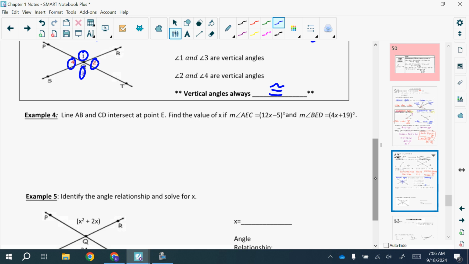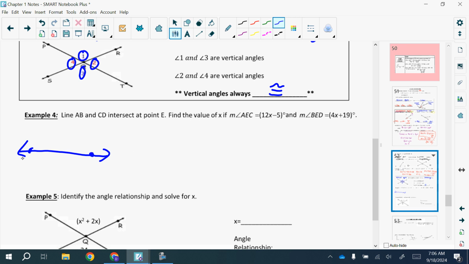So in example 4, it says line AB and CD intersect at point E. Find the value of x if the measure of angle AEC is 12x minus 5 and the measure of angle BED is 4x plus 19. So we can also draw a sketch of what it's talking about.